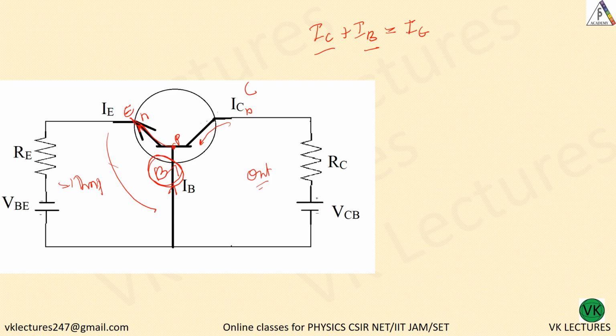There will be a voltage between emitter and base, and there will be a voltage between collector and base too. And across this collector we will take the output.